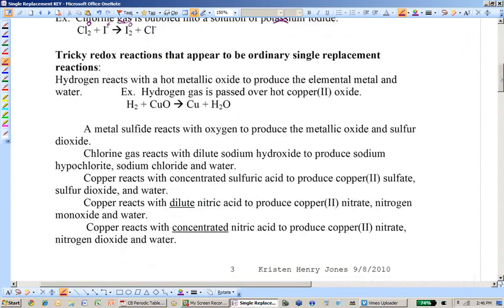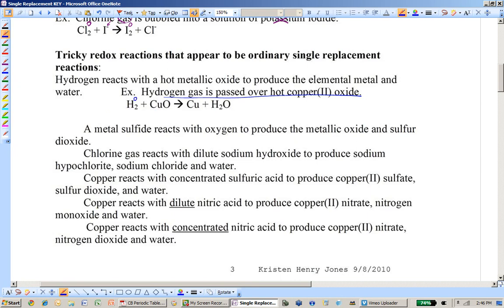Then we're always going to be on the lookout for some tricky redox reactions that appear to be ordinary single replacement reactions. Hydrogen reacts with hot metallic oxide to produce the elemental metal and water. So that would look like this sort of an example. Hydrogen gas is passed over hot copper 2 oxide. So here's your hydrogen gas. Here is your copper 2 oxide.